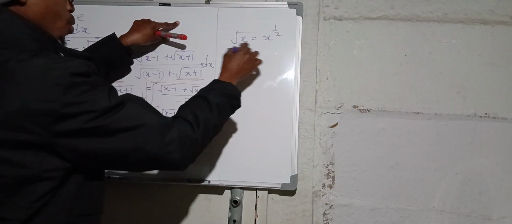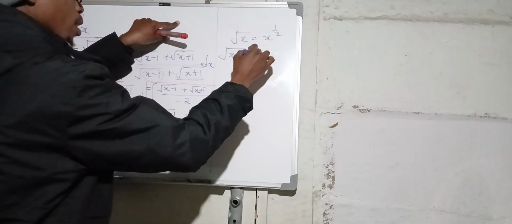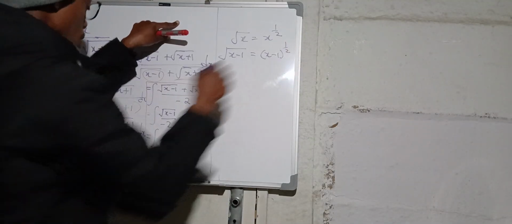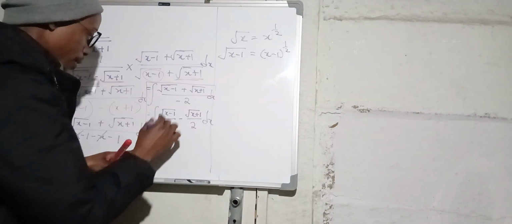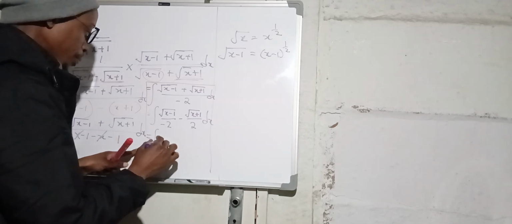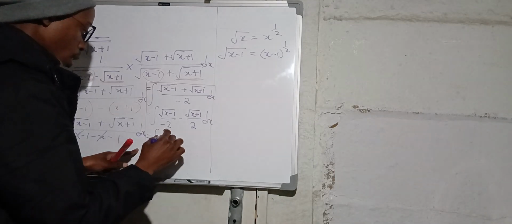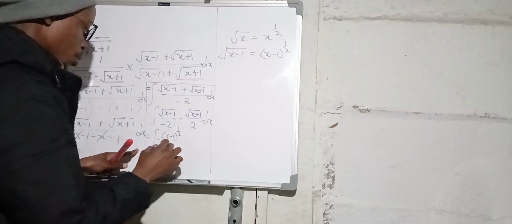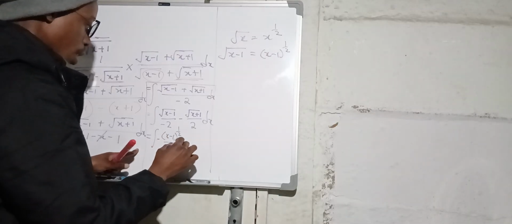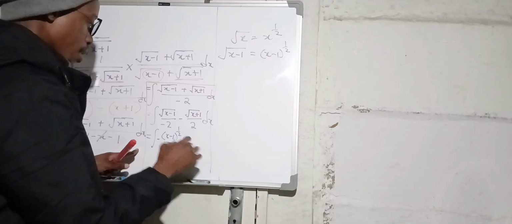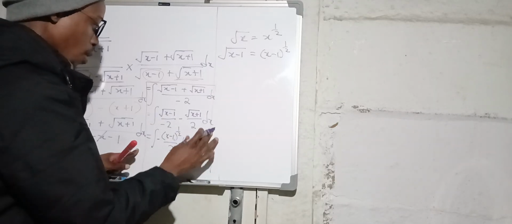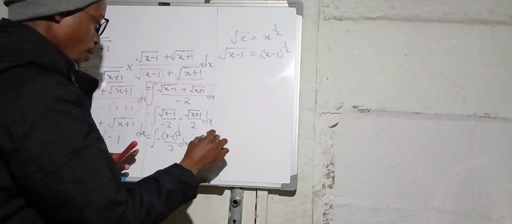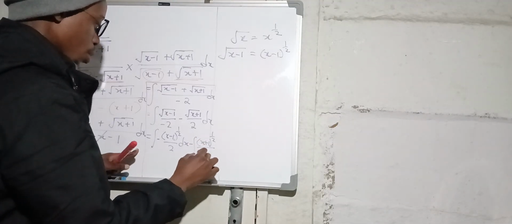Therefore, the square root of x minus 1 can also be written as x minus 1 all to the power of 1 over 2. So I can change this and have negative and positive, so it's going to be negative. What can I write? Integral of x minus 1 to the power of 1 over 2 all over 2 dx, minus, because the sign is minus, integral of x plus 1 all to the power of 1 over 2 all over 2.